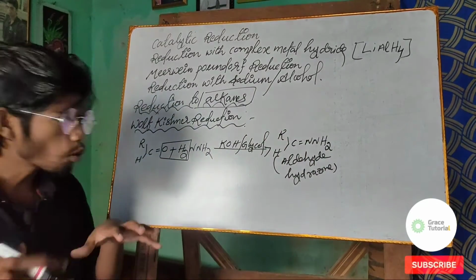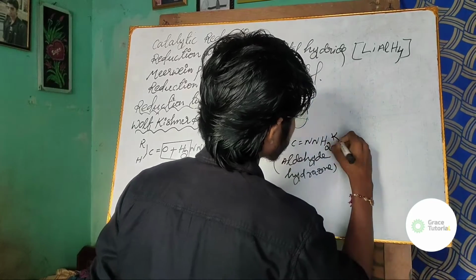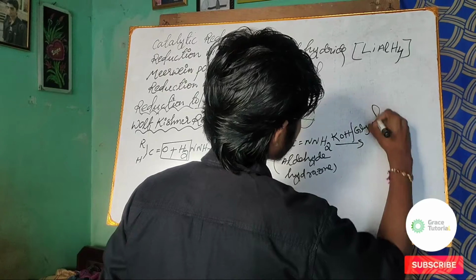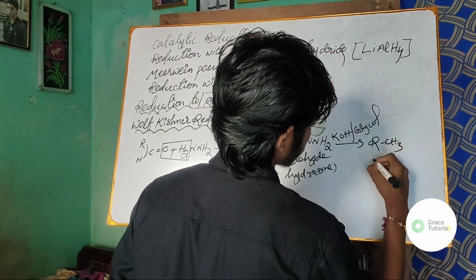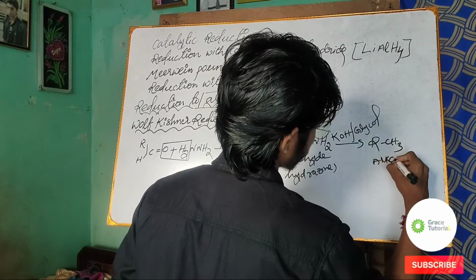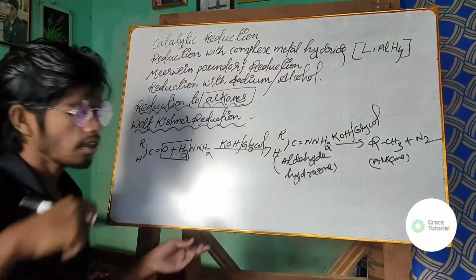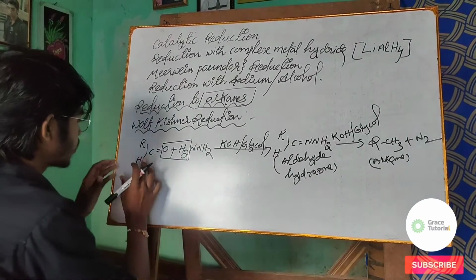Aldehyde hydrazone. If you treat this again with KOH in glycol, then you will get alkane plus nitrogen.